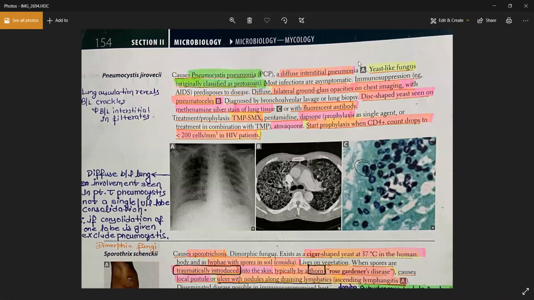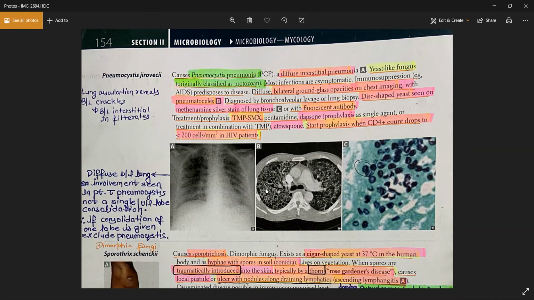Just like atypical pneumonia, the patient has a history of non-productive cough. On the chest X-ray of the patient, you will have patchy bilateral involvement of the lungs. This is known as ground glass opacification or ground glass consolidation. So bilateral ground glass opacities on the chest imaging, on the X-ray and on the CT.